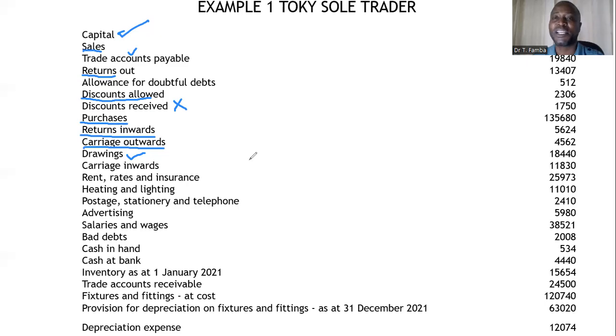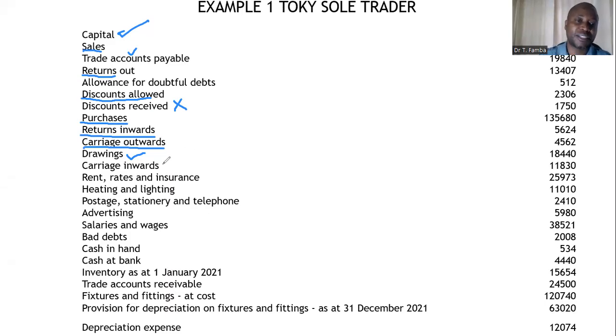If the business makes profit, then we are going to add the profit to the capital, and then because the owner decided to take out some goods or to withdraw some money from the business, we are going to deduct that from the owner's equity, which means the capital plus retained income, then we deduct the drawings. So drawings is an item for the statement of financial position.